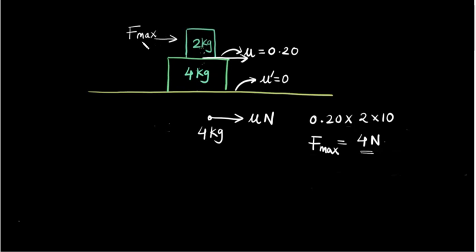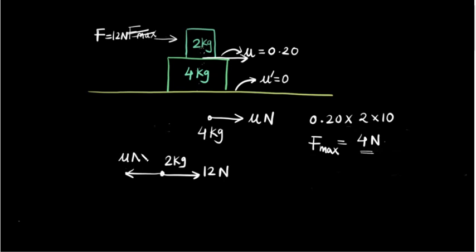So if F is 12 Newton instead of F max, then what will happen on the 2 kg block? If I draw the free body diagram, there will be a 12 Newton force in the right direction, and there will be maximum friction in the opposite direction, because it is now sliding over this 4 kg block. And what will that friction be?